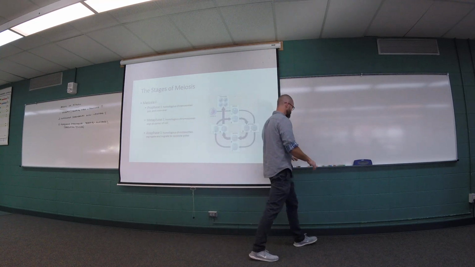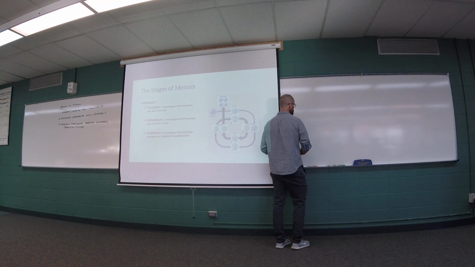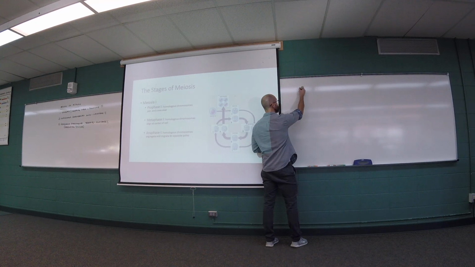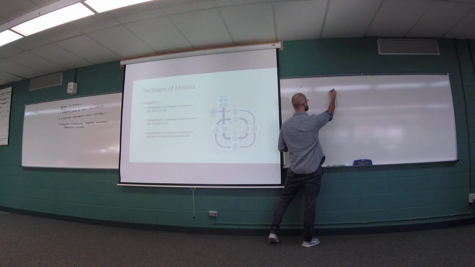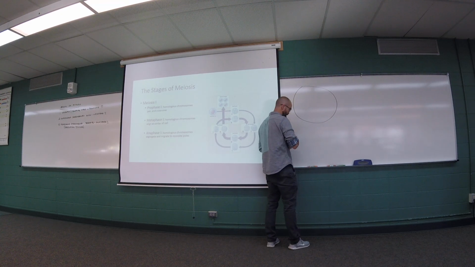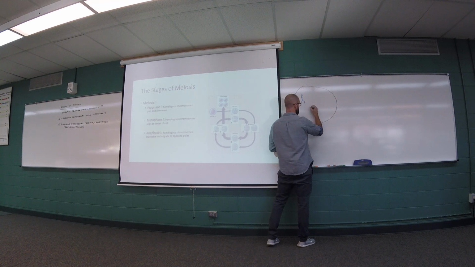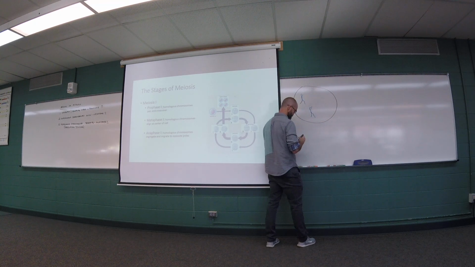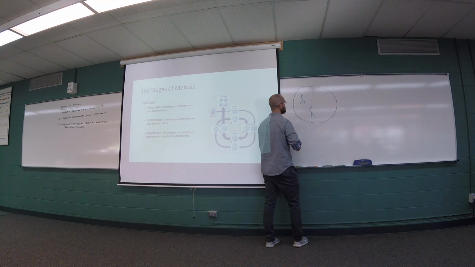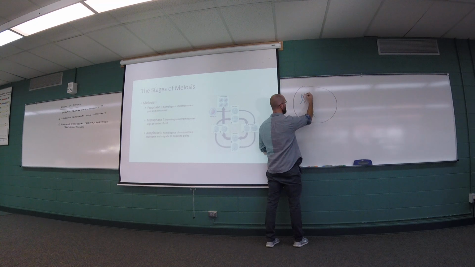So that looked something like this, where we had a cell, and then in that cell we had homologous chromosomes, and we'll use blue for mom's chromosomes and red for dad's chromosomes, that are starting to pair up, right?